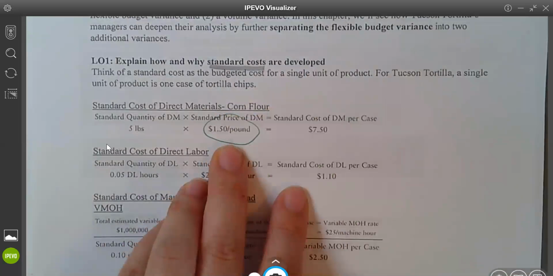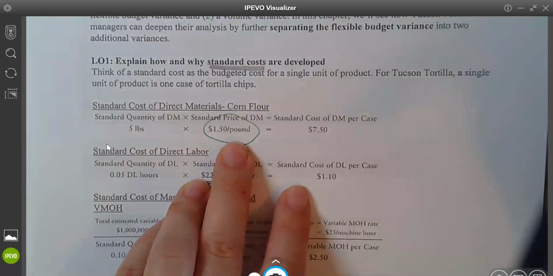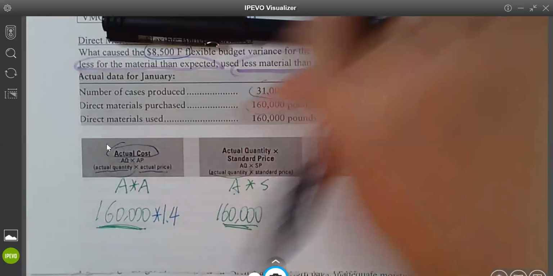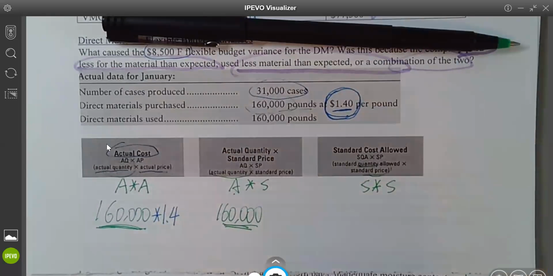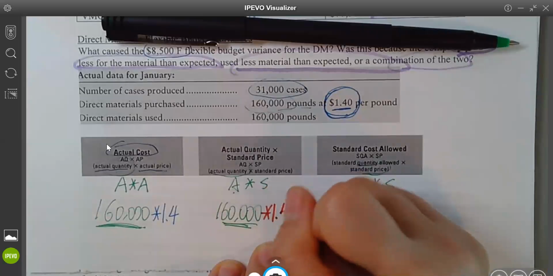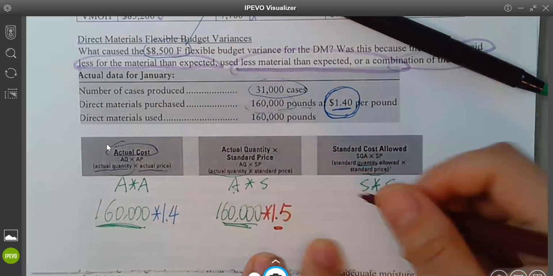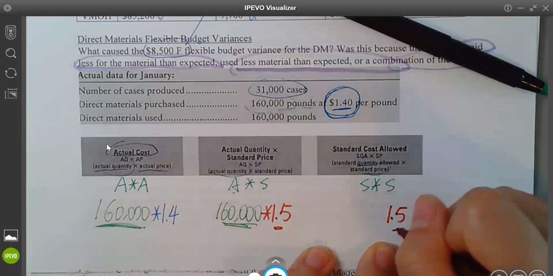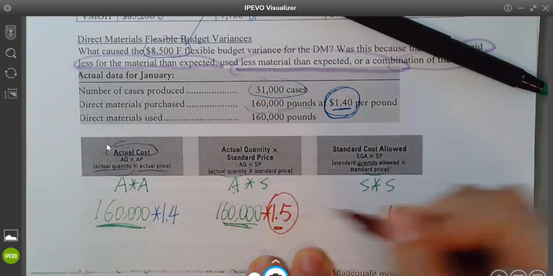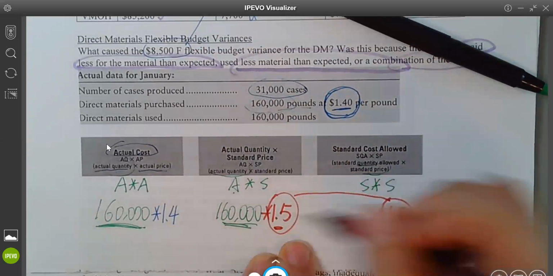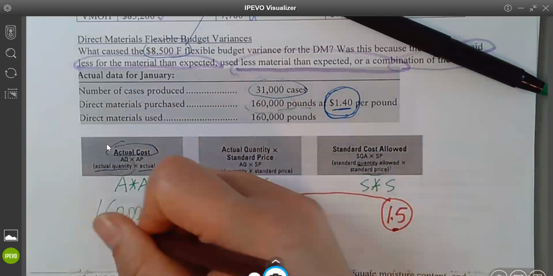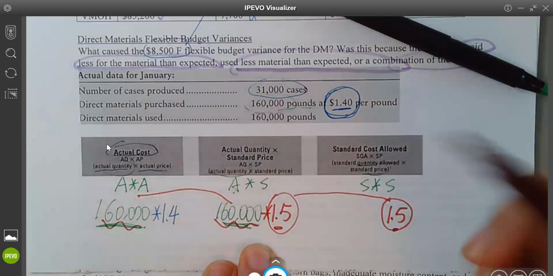Based on the standard, 1 pound is $1.5. Remember this? So our standard is 1.5. If you put 1.5 there, you put 1.5 here. Do me a favor, you put 160,000 there, you put 160,000 here.